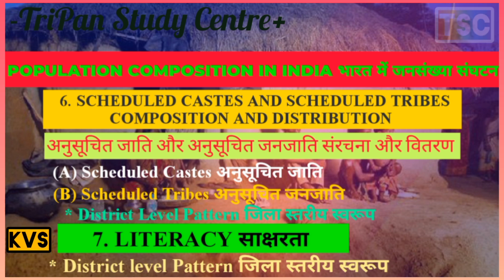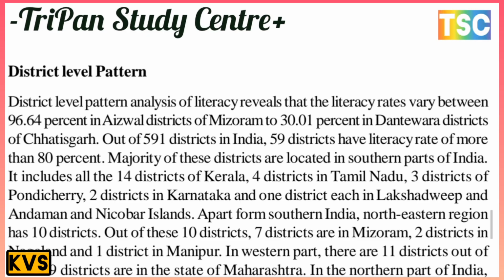The next point is the district level pattern, which is also important. District level analysis of literacy reveals that the literacy rate varies from 96.64% in Aizawl district of Mizoram to 30.0% in Dantewada district of Chhattisgarh.